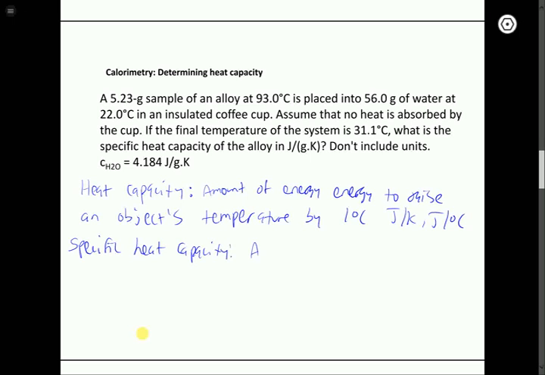Specific heat capacity, which is what we use more often in chemistry, is also an amount of energy, but it's the amount to raise 1 gram of substance by 1 degree Celsius. I wrote the word energy twice. Sorry.